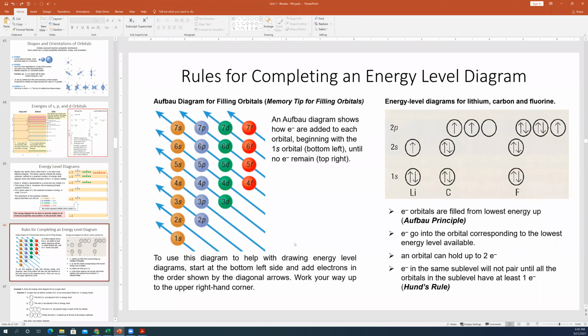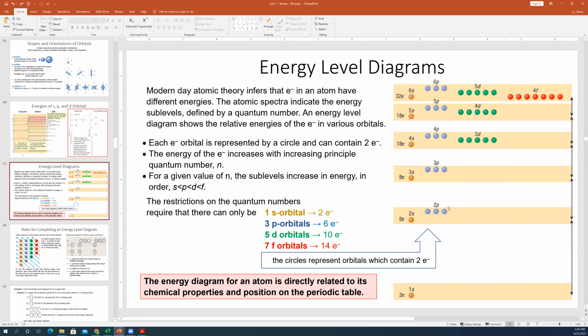So the rules for completing these energy level diagrams we went over in this Aufbau diagram, which is just a memory tip for filling orbitals. You start by filling the 1s and you continue to the 2s and then 2p and then 3s and then 3p and then 4s. So these are just indicative of the order in which these come.